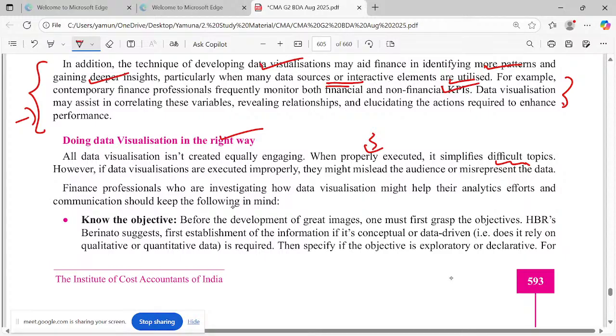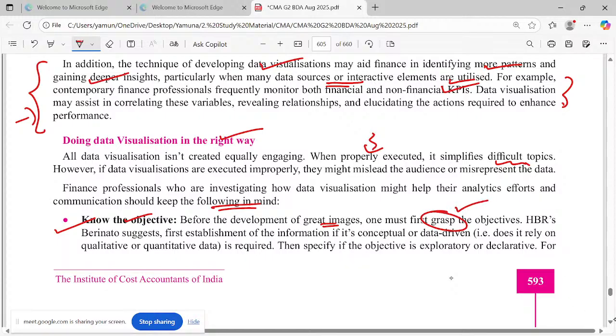So what you have to keep in mind is, first, try to know for what reason you're going to do this. The reason behind it, for what purpose you're going to do this, is definitely necessary. If you know that, definitely your data visualization will be helpful. So before you go in for developing the images, first try to understand what the objective is.